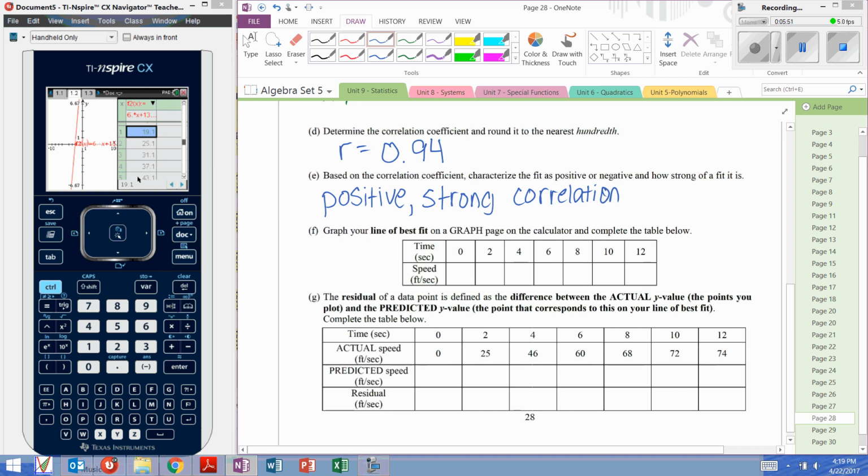And you know what? Why don't we round it to the nearest whole number? Let's just add that in there. So round to nearest whole number.